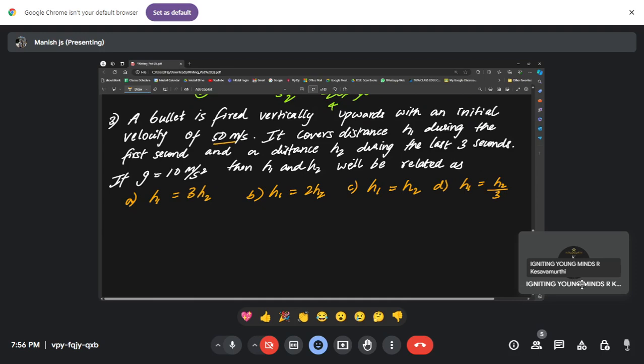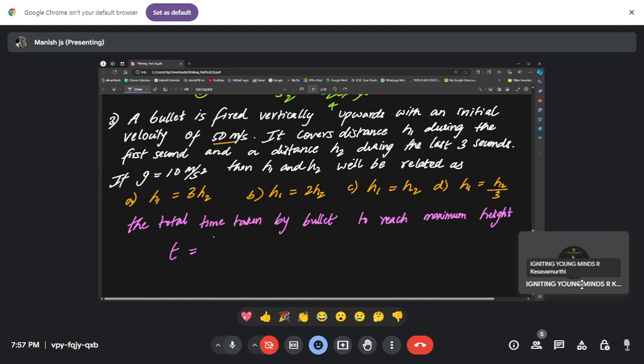Okay, so first, let's try to find out what is the total time taken by the bullet to reach the highest point. So the total time taken by the bullet to reach maximum height, we'll take it as t.